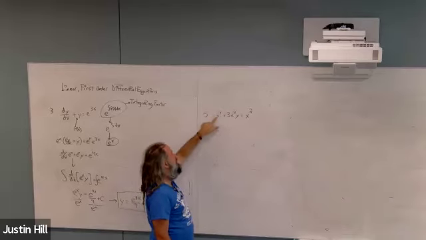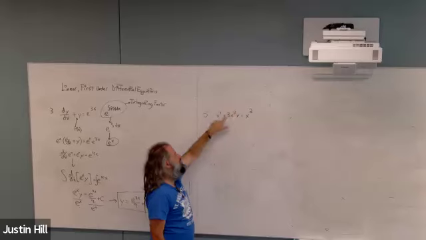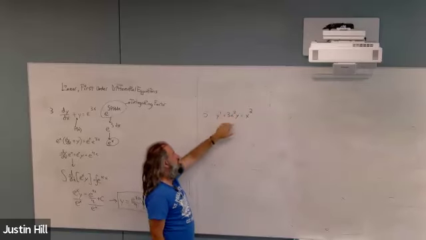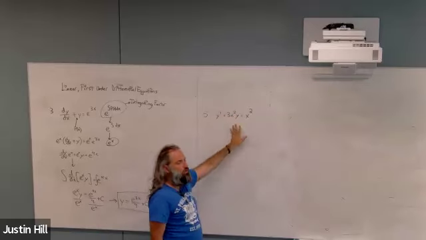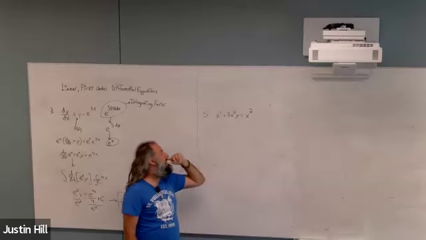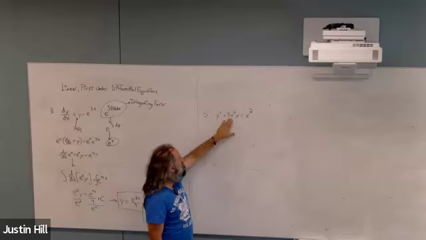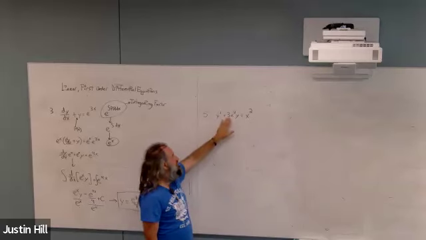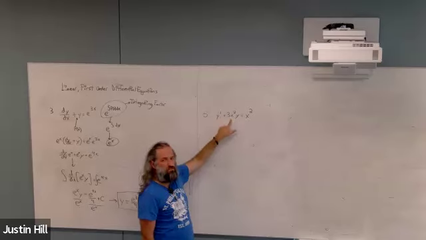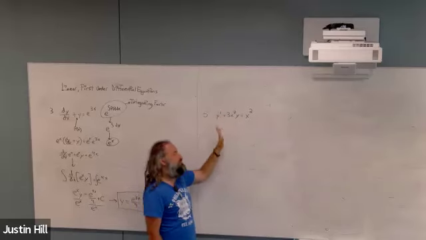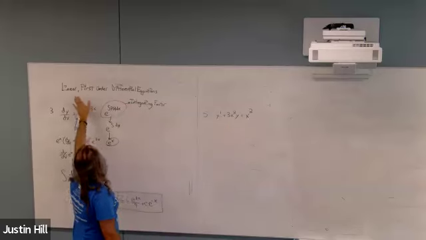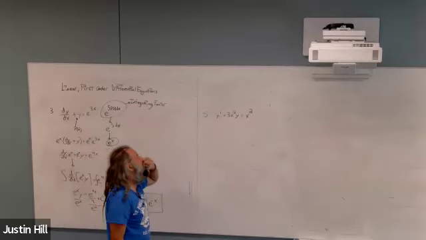There are coefficients. The constant is good. This 3x squared is definitely not a constant, right? So we have a whole power term in front of y. However, it's a power term in terms of x. So even if you don't have a constant coefficient, if your coefficient is some function, as long as it's in terms of x, we are still a linear first order differential equation.